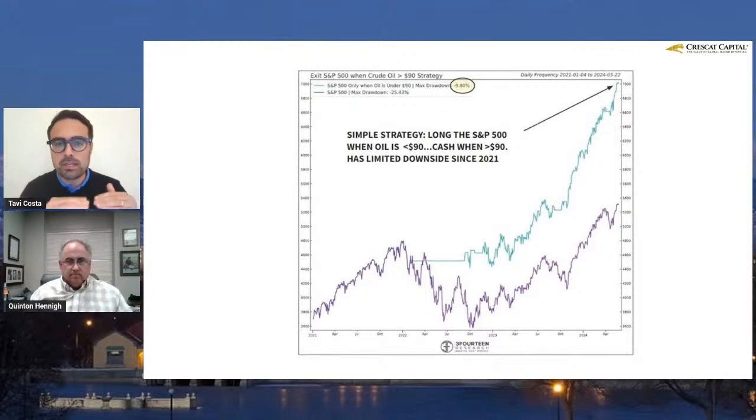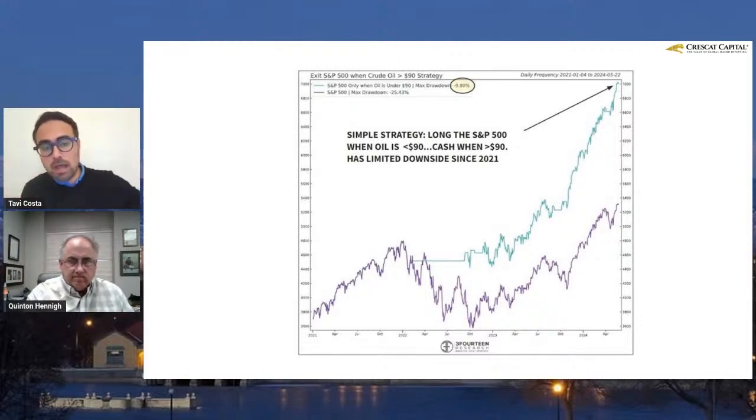It's an era where when inflation expectations rise because oil prices or energy prices or commodity prices are rising, the market tends to struggle. This is what happened in the 70s. The correlations that we are seeing today are remarkably similar to the 1970s. And so, to me, this is the takeaway of this chart, not necessarily to replicate this strategy, but really to understand why this is happening. And to me, this has a lot to do with the inflation issues that we're seeing, and market participants are starting to price things in accordingly.